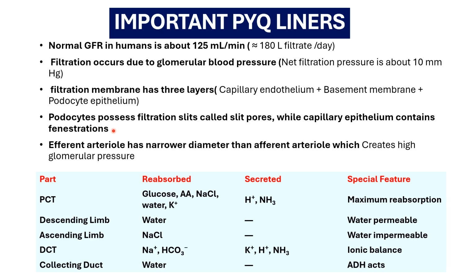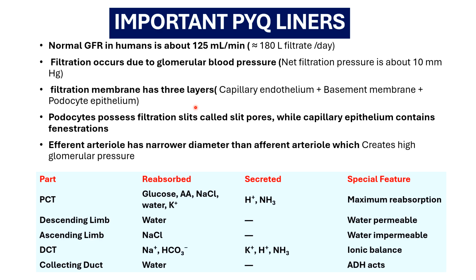What does the filtration membrane consist of? It consists of 3 layers: capillary endothelium, which has fenestrations in them; basement membrane, which is non-porous; and podocyte epithelium present in the Bowman's capsule that has filtration slits or slit pores. So a question can come: slit pores are present in podocyte epithelium, or the inner layer of the Bowman's capsule.